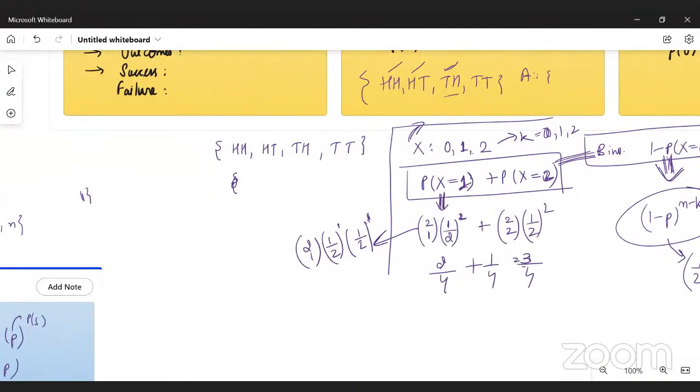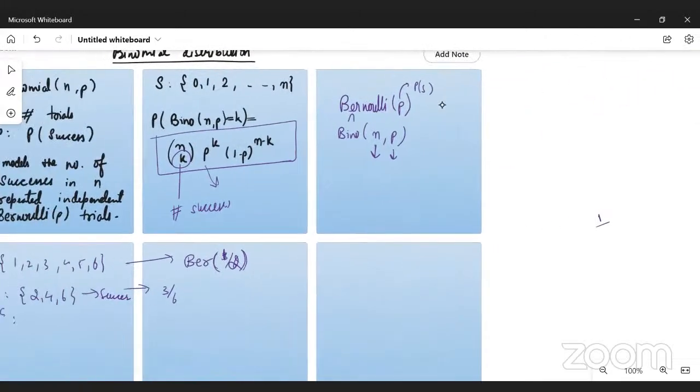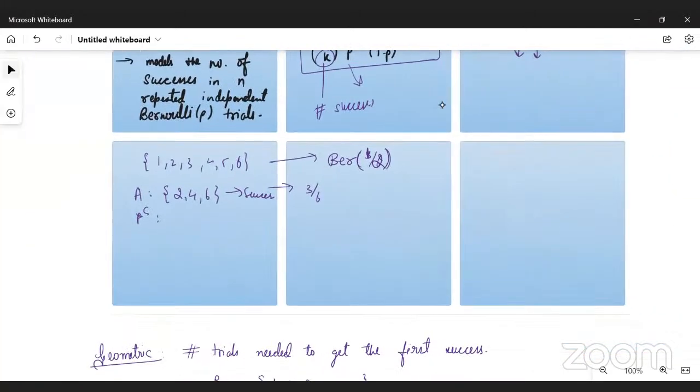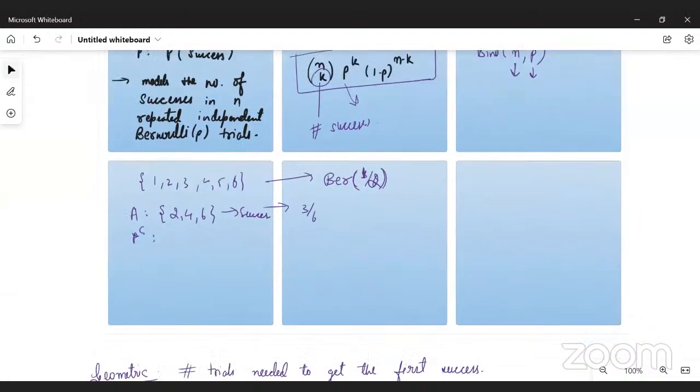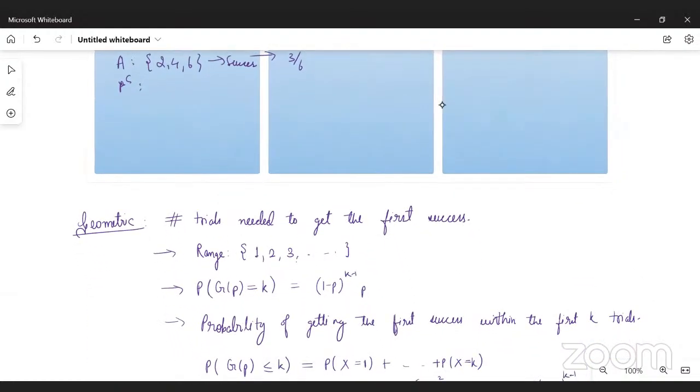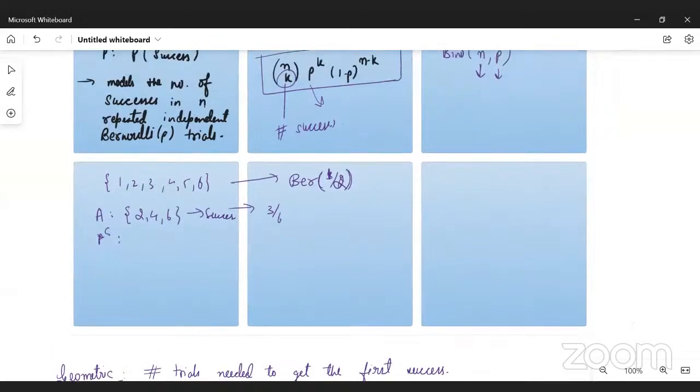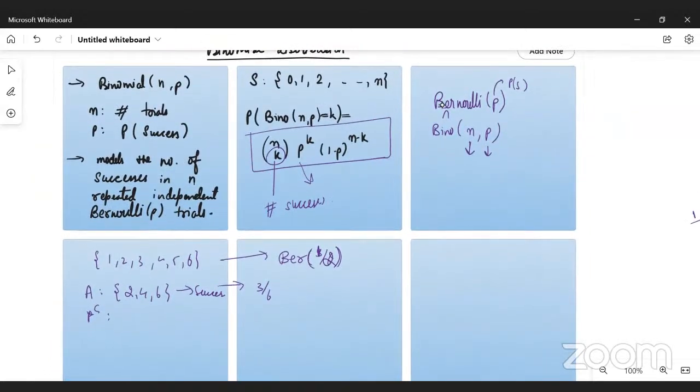After this Bernoulli and binomial, you have something called the geometric distribution. If I may interrupt, I have one question. You have mentioned in the binomial distribution that the sample space for n trials would be 0, 1, 2, up to n. So could we also call this the range?